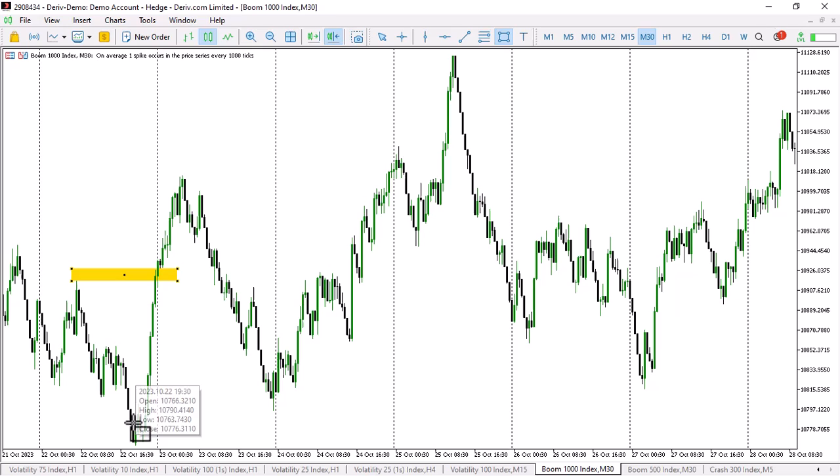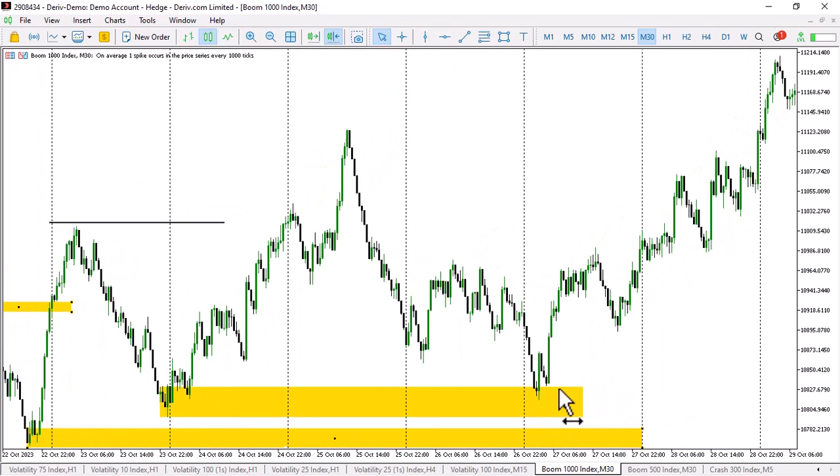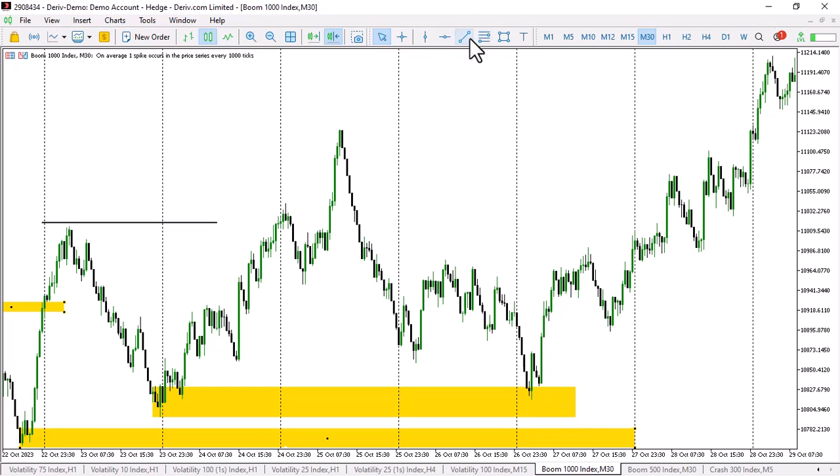So we have a break, and we form an order block right here. This is your OB, and you are waiting for price to come here, but it didn't. Then we break again, and you are waiting for price to come to this particular zone, because that's the beginning of everything. So when price comes here on the M30, that's when you can be sure that price has changed direction, and you can see on this 3 drive here that it can confirm that this indeed is a demand zone.